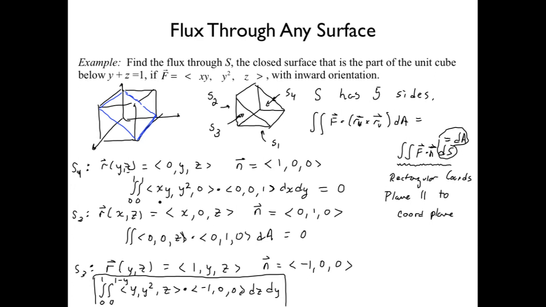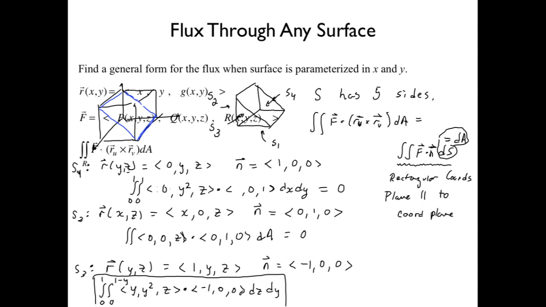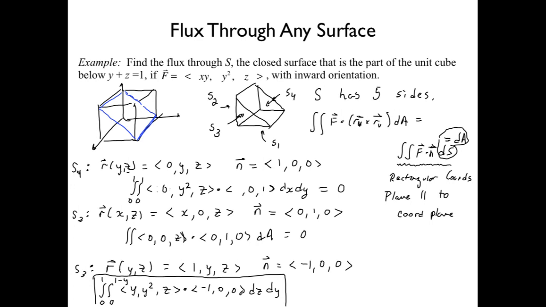So we get xy is 0, y squared, z, dot 1, 0, 0, dy dz. You do the dot product, you get 0. So S4 is 0. The last but not least is S5, which is the slanted plane.